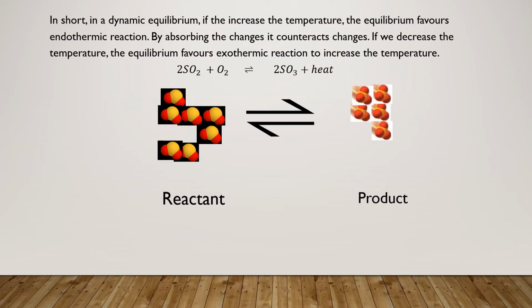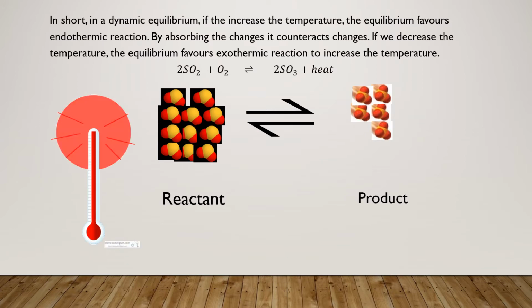Let's say for this reaction, 2SO2 plus O2 gives 2SO3 plus heat. This is again an exothermic reaction, used in the contact process for the formation of sulfur trioxide. In this case, an increase in temperature will favor the formation of reactant, the endothermic reaction.